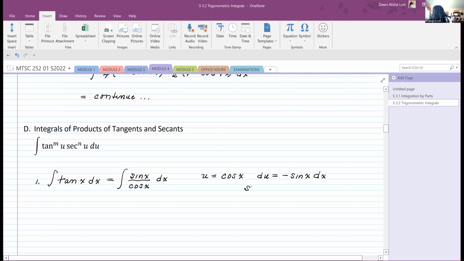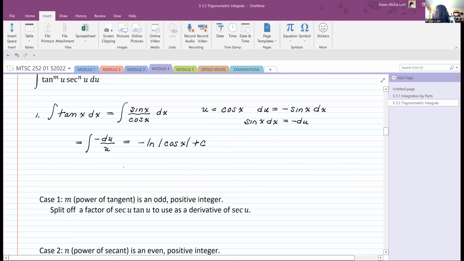So the sine of x dx equals negative du. So this becomes the integral. The sine of x is negative du over the cosine of x is just u. So this is negative the log of the absolute value of the cosine of x plus a constant. And so we change this to the cosine of x to the -1. So this is the log of the cosine of x to the -1 power plus a constant.